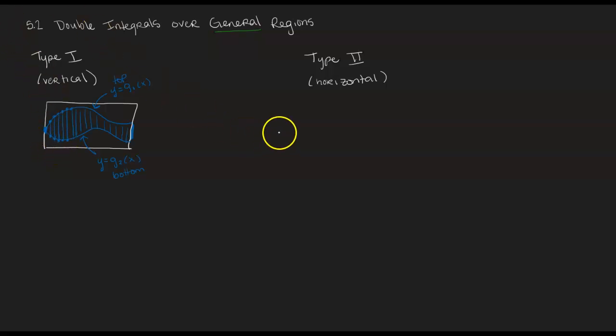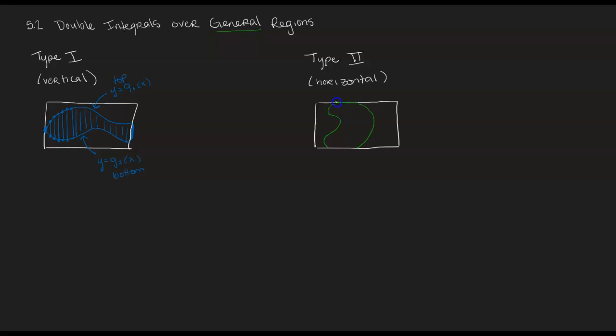On the other hand, we could have horizontal regions. Again, let's imagine that we started off with some perfect rectangle like we had in section 5.1, but instead of keeping it that way, we're going to allow a function to carve out the left and right hand sides of our region.